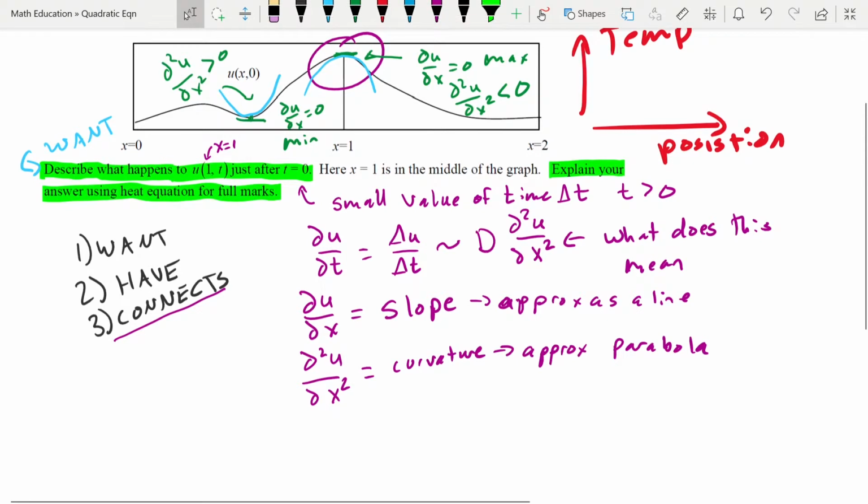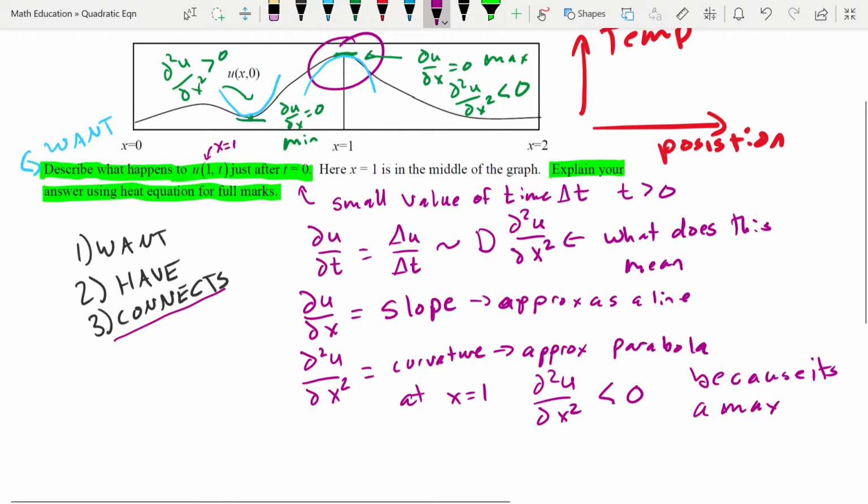So what do we want to say? What's going to happen here? At x is equal to -1, partial of u partial of x squared is less than 0. We don't know how much the value is here. All we know is it's less than 0 because this is a maxima, and that means that the slope's 0 and the second derivative is less than 0.